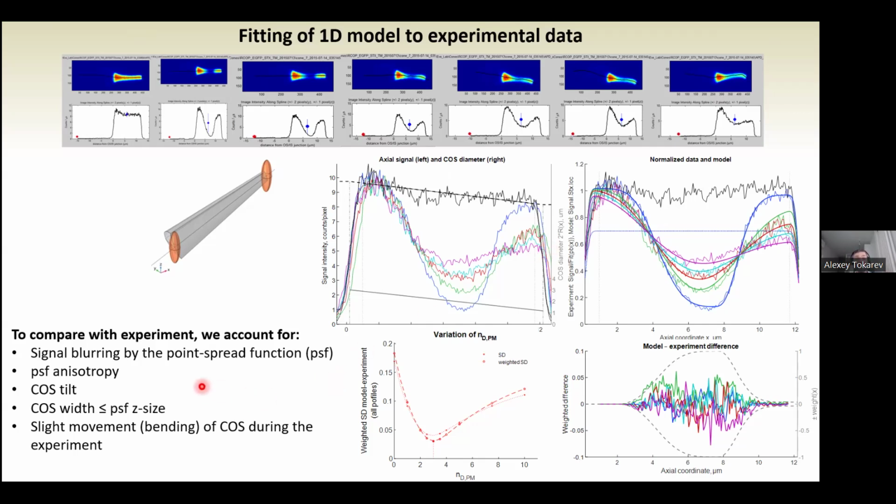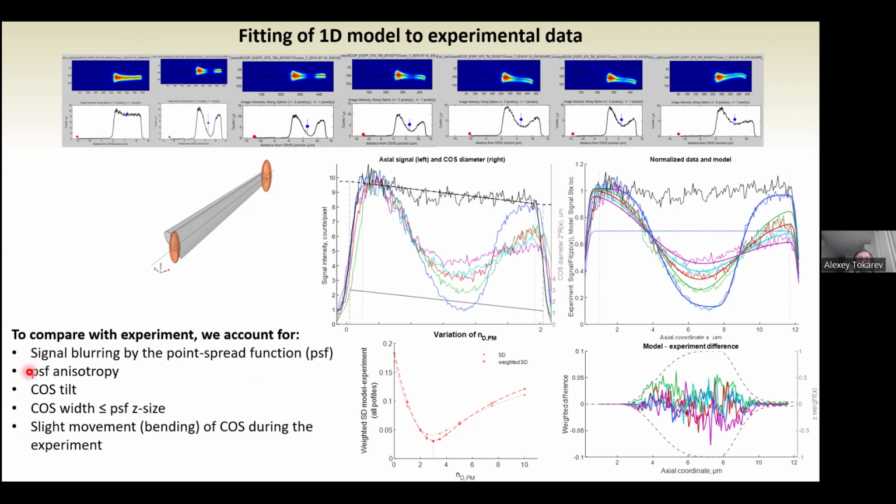I showed here that we need to account for bleaching of the signal. So the difficulty is that in the model we solve for concentration, but in experiment we see fluorescent signal. So we should recalculate from concentration to fluorescence.